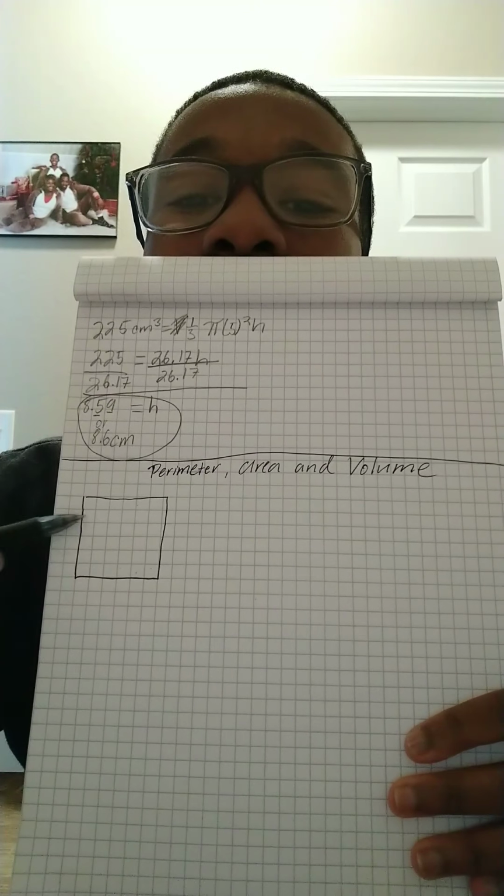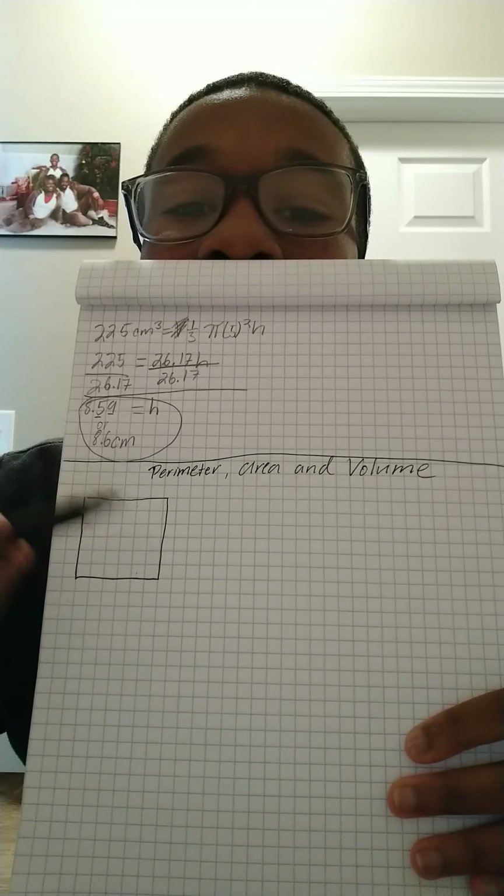and it's a 6 by 6, and it's all equal sides, because a square has to be equal on every side. So the perimeter would be you adding up every side. If it's 6 on each side, that would be 6 plus 6 plus 6 plus 6, or you could put 6 times 4.